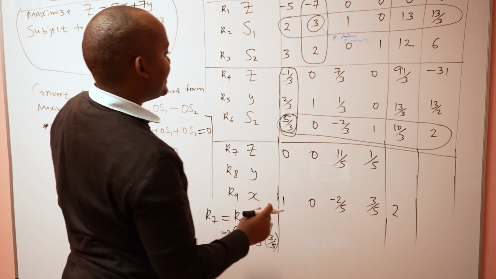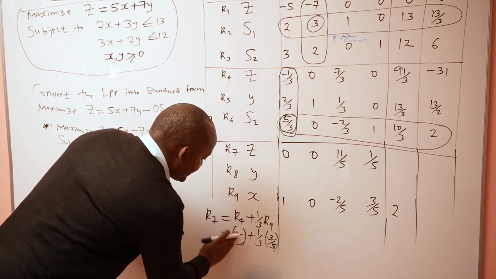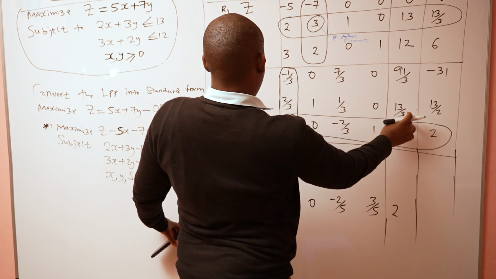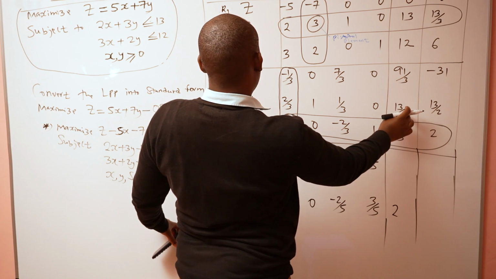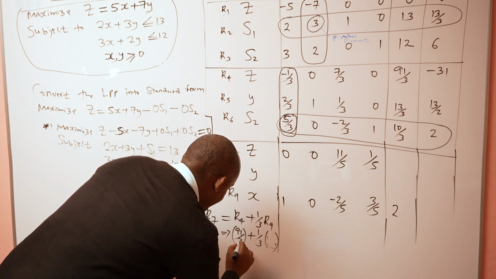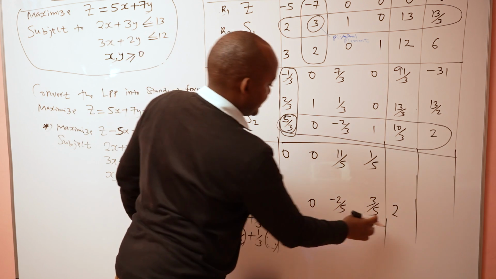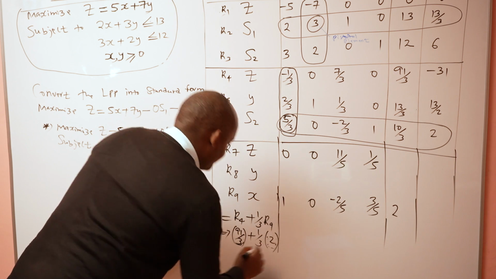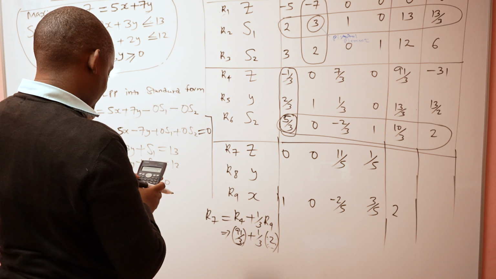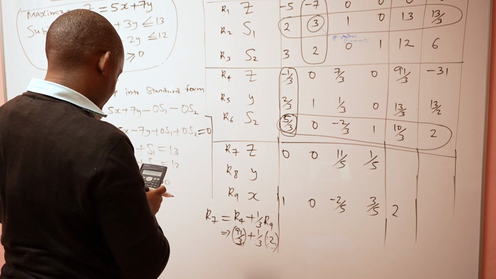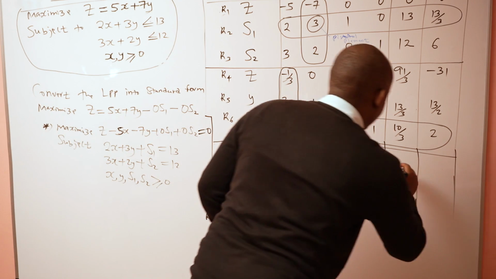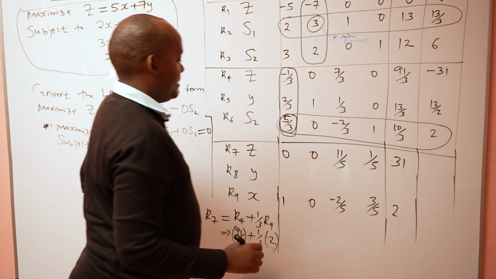Now still on the right hand side, we have this entry in row number 4, which is 91 over 3, and 2, which is going to give us 31.